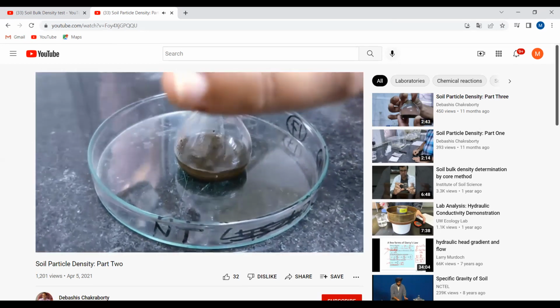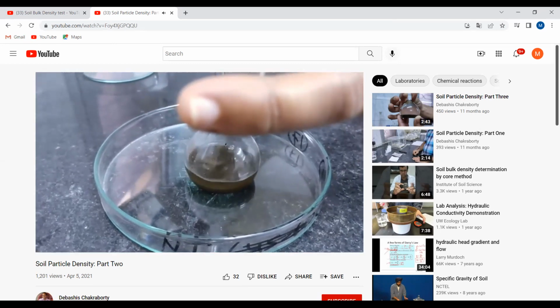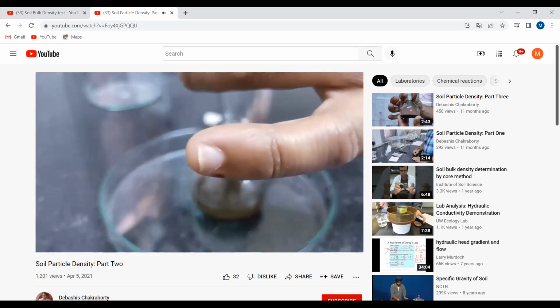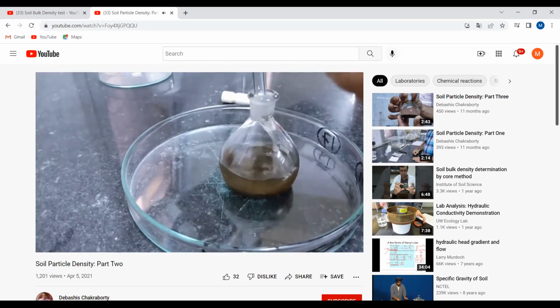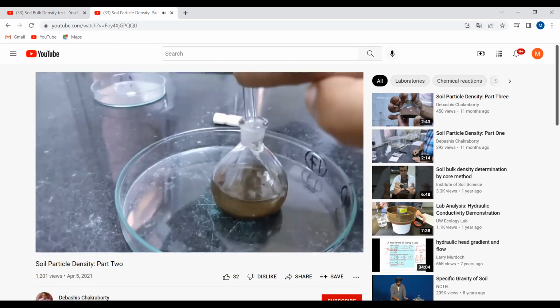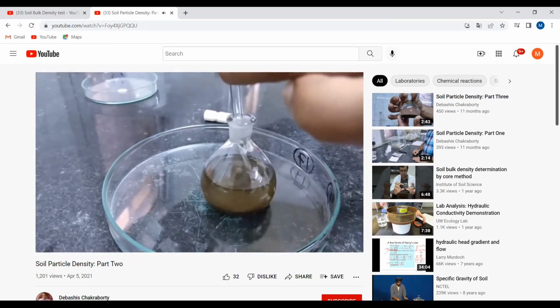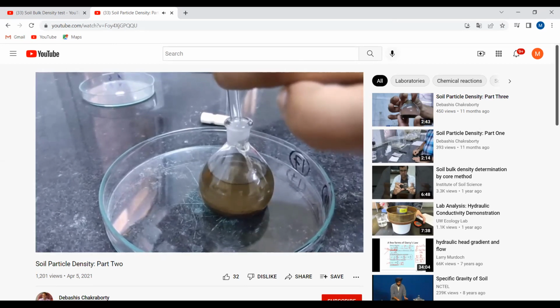So as he is pouring, the toluene will slowly go in. Pour it, no problem. A little bit slowly, that's all. More and more. The soil is actually replacing the toluene to the extent of whatever portion it is occupying.